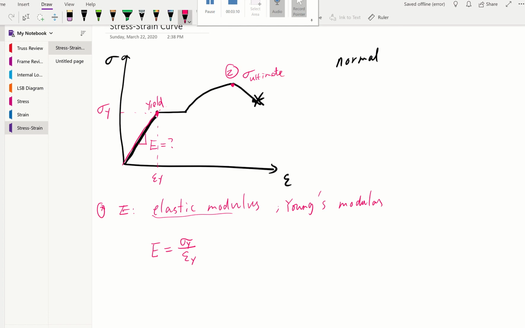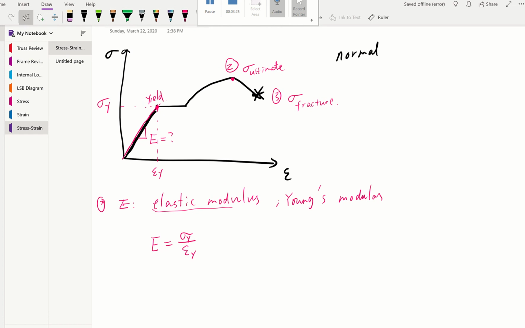That's the highest value. The third one is going to be this fracture stress. Those are the three important elements here.